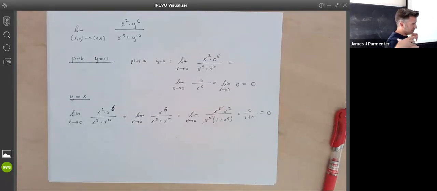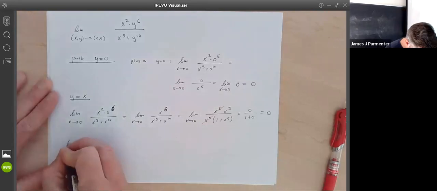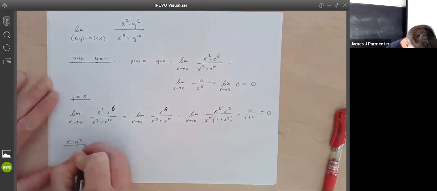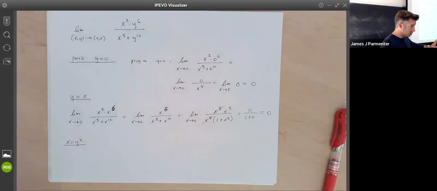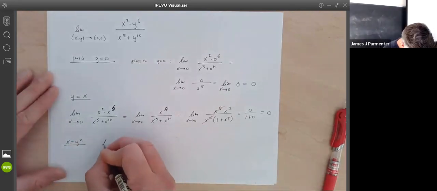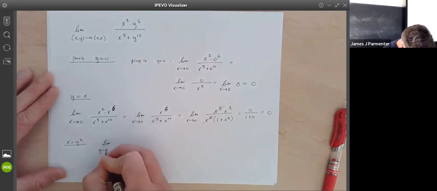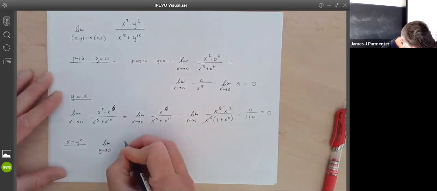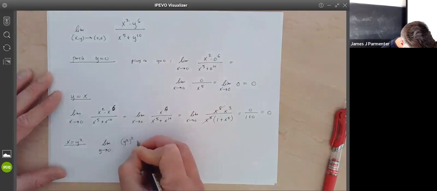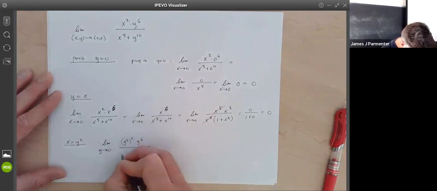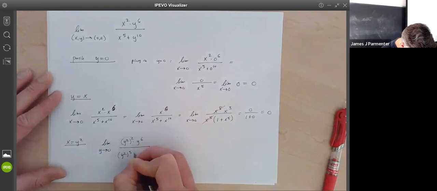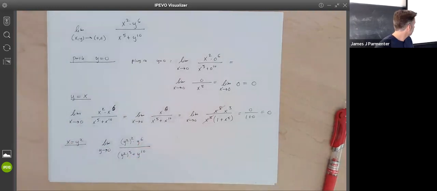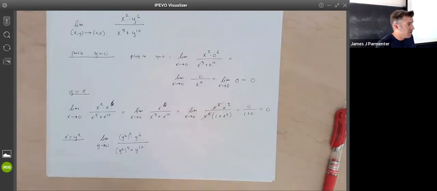So this one, if you let x equal y squared, look what's going to happen. So if x equals y squared, which definitely goes to the origin, right? It's a valid path. I'm going to get the limit as y goes to 0 of y squared squared times y to the 6th over y squared to the 5th plus y to the 10th. In simplifying that, all of my terms are going to end up having the same power of y.